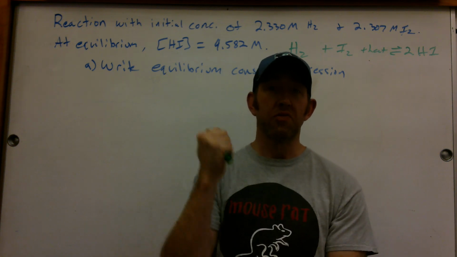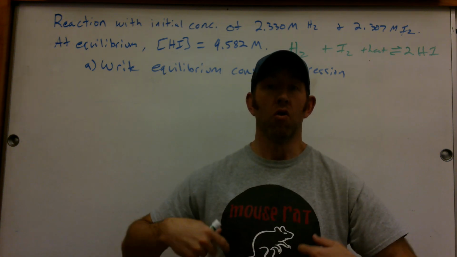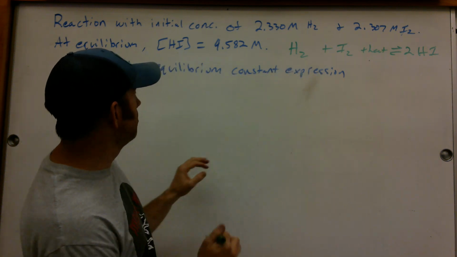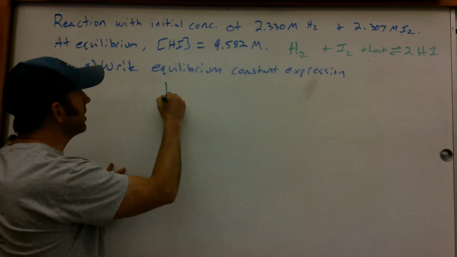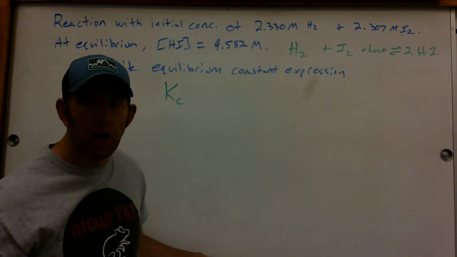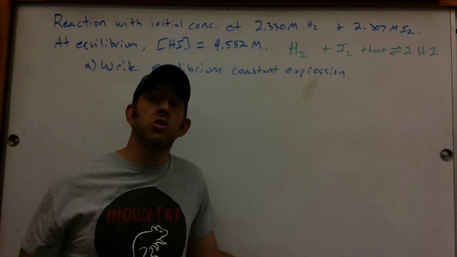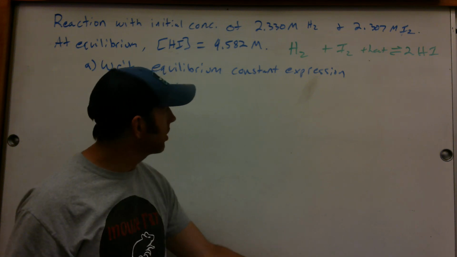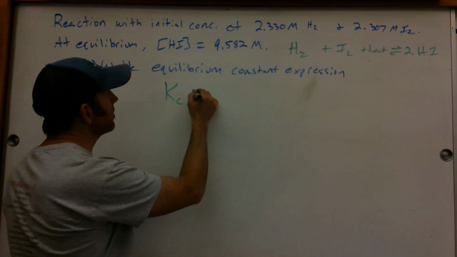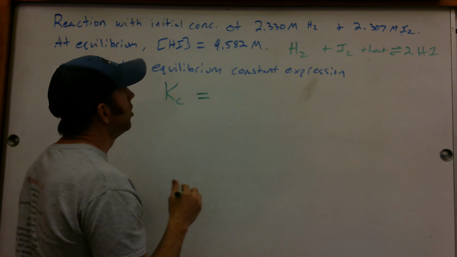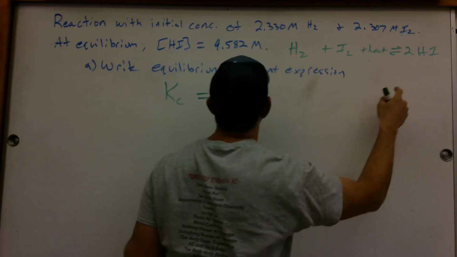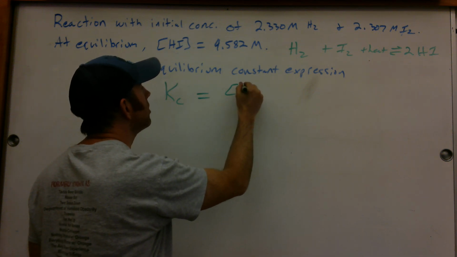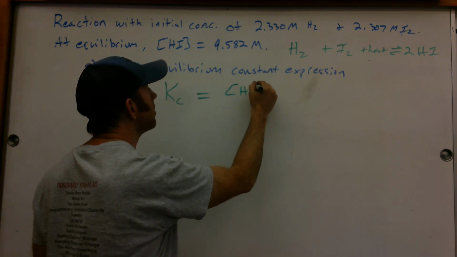So to find my equilibrium constant for this reaction, I'm going to take my value, which we would usually call Kc, because generally we deal with equilibrium in terms of the concentration of our reactants and products. If hydrogen iodide is my product, remember my products go on the top, so it's the molarity of hydrogen iodide.